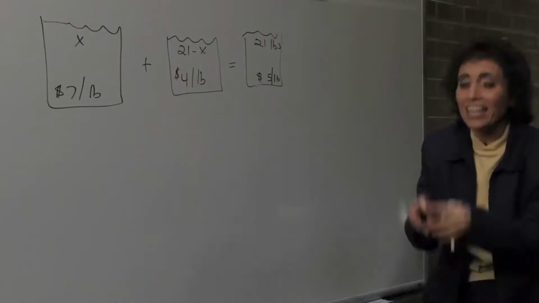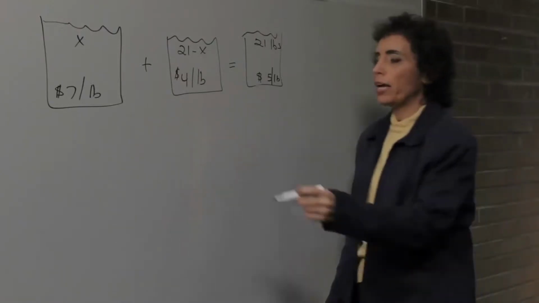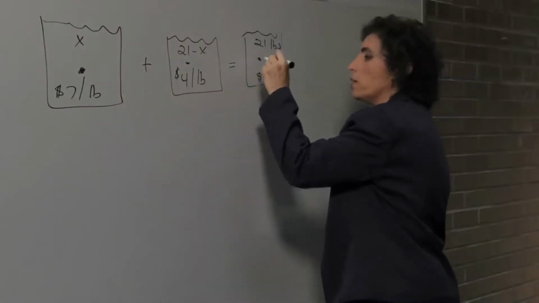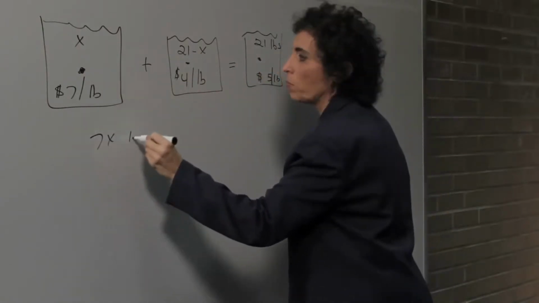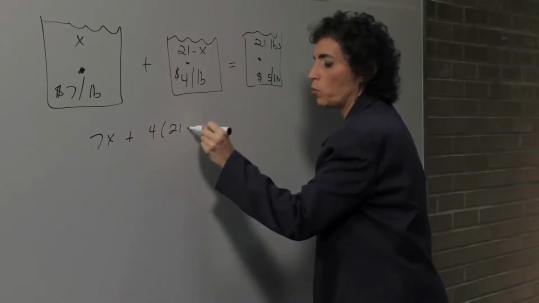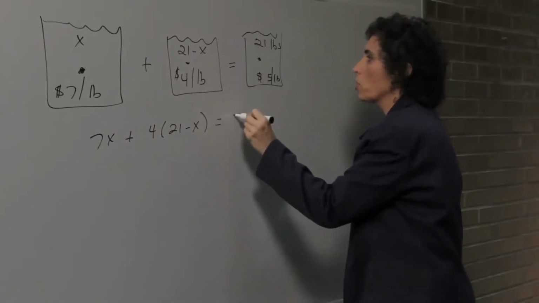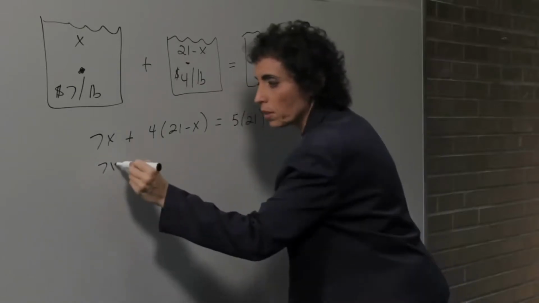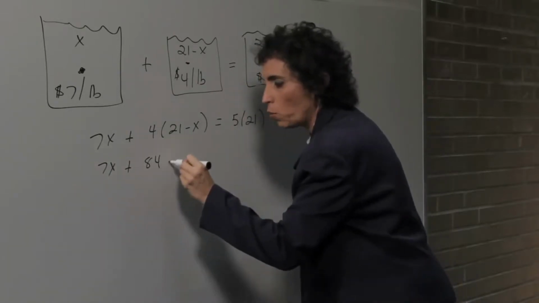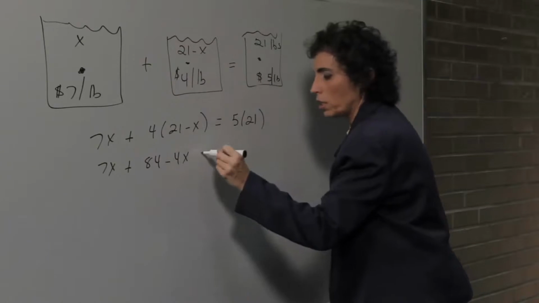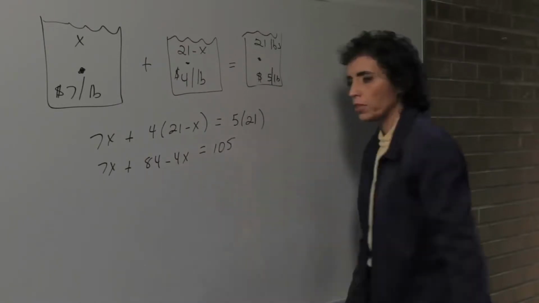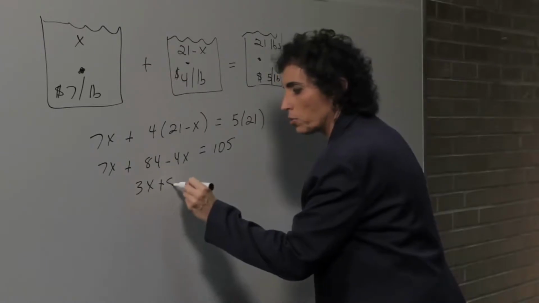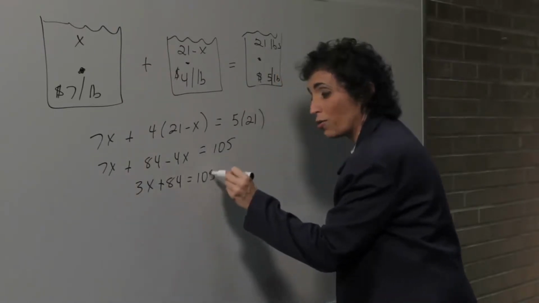And then this one is total minus what I used up, or 21 minus X. Now I multiply how much times how many, exactly what's in these beakers. So it's 7X plus 4 times 21 minus X equals 5 times 21. 7X plus 84 minus 4X equals 105. 7X minus 4X is 3X plus 84 equals 105.